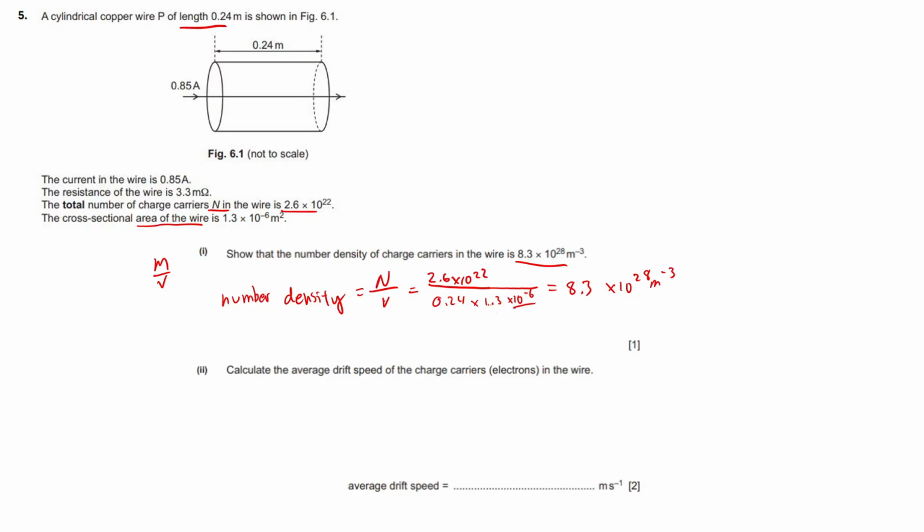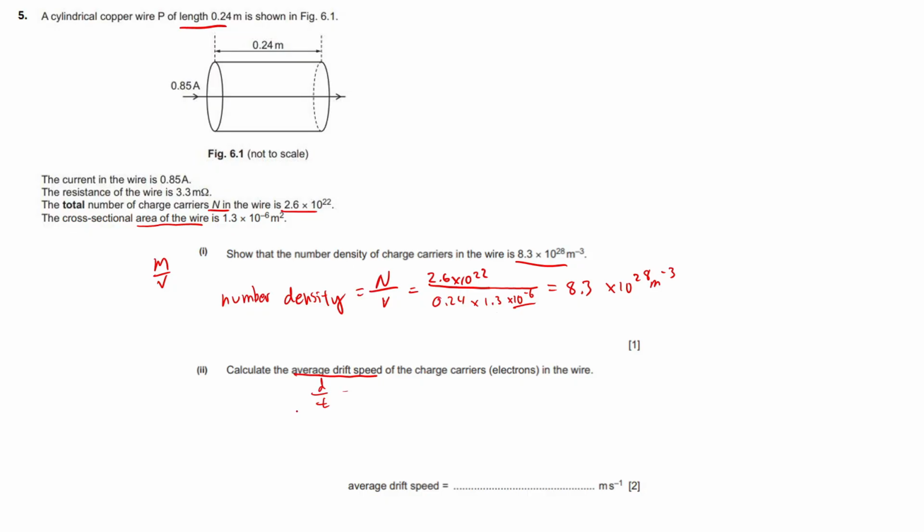Now calculate the average drift speed of the charge carriers, the electrons, in the wire. One alarm bell that should sound is that we're looking for the average drift speed. So speed is simply going to be the distance over time.